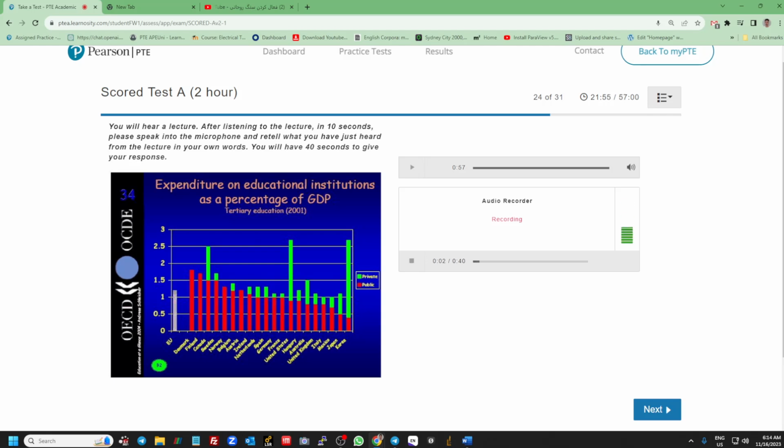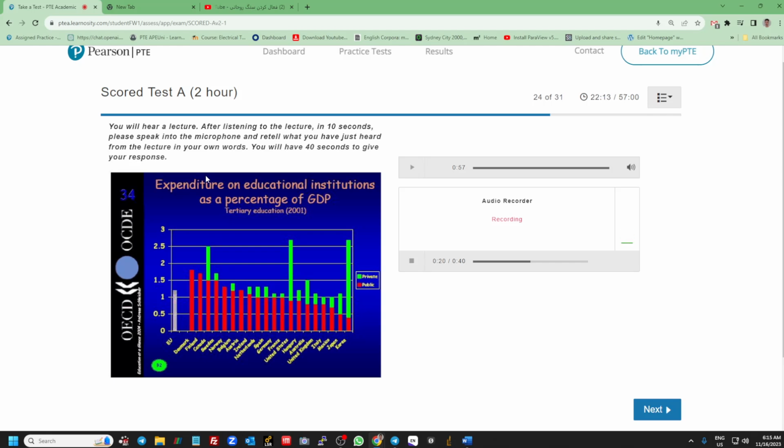The lecture describes the GDP and public expenditure in the UK. It also provides information about the topic in different categories such as Japan, Italy, United Kingdom.